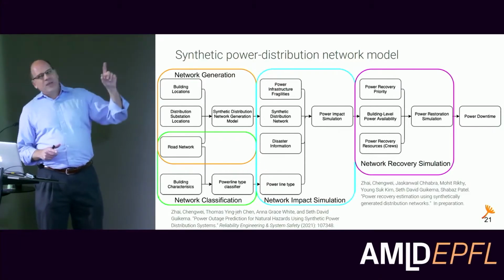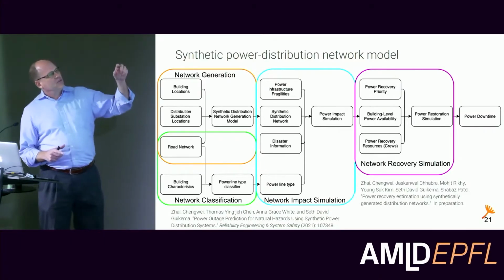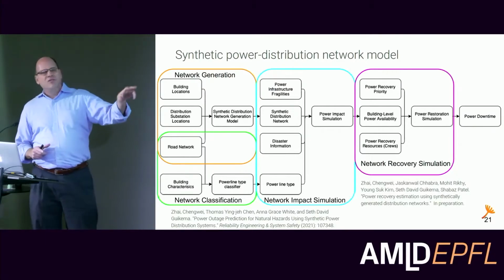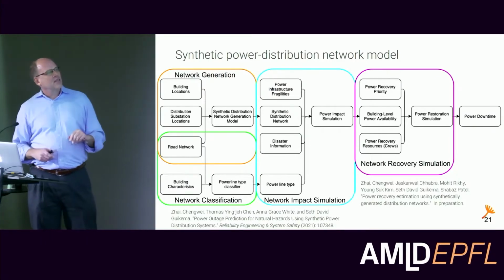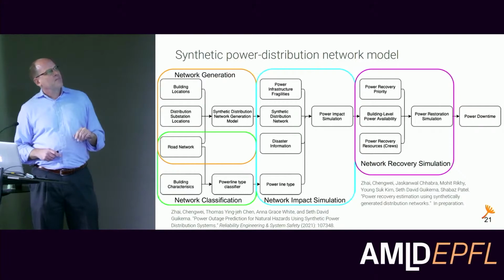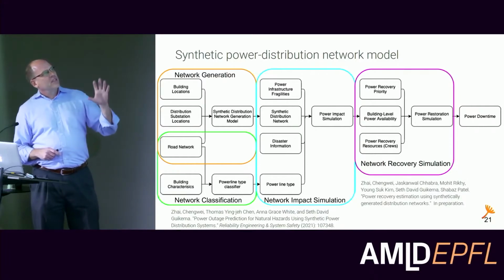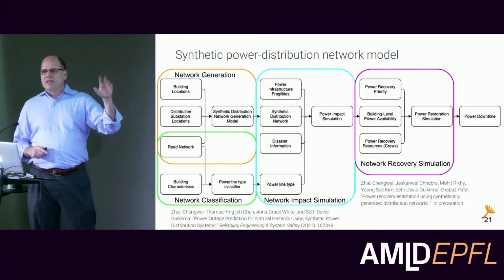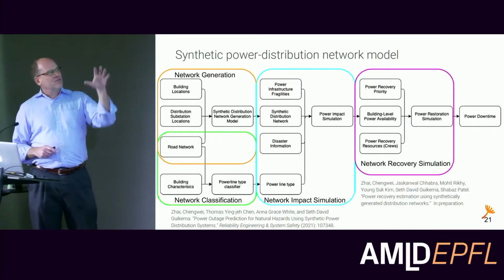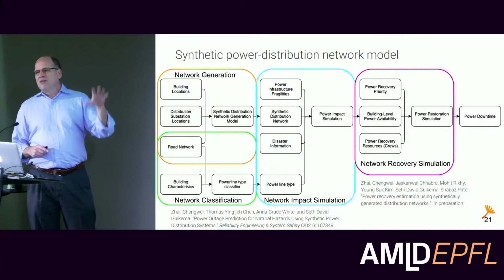And all of these pieces then can go into the synthetic generation, which here is labeled as a network impact simulation. But essentially, what you're doing is using these characteristics to then generate the network data. So this is really the synthetic network data.